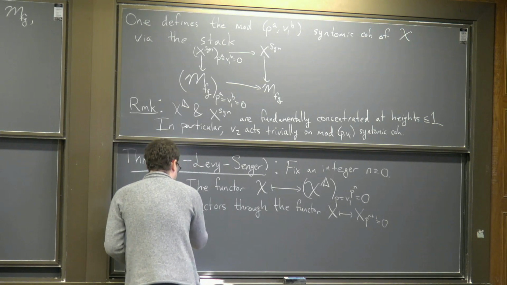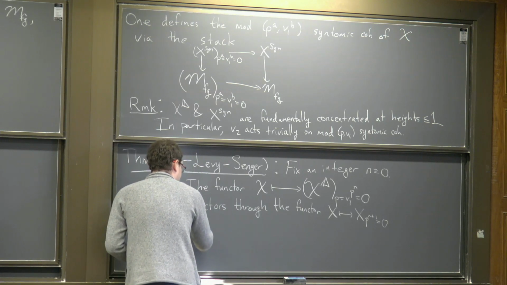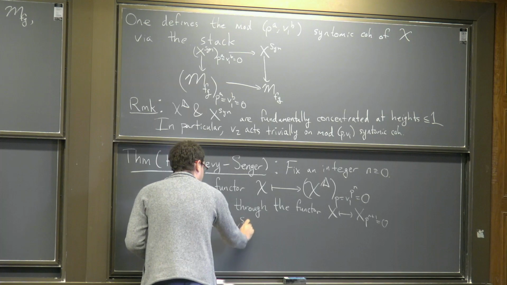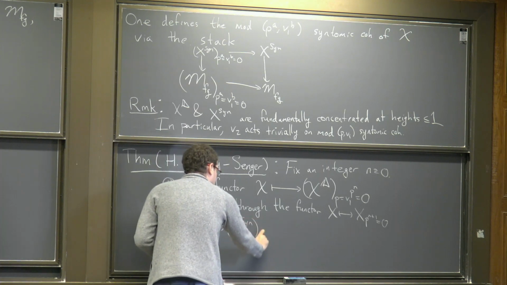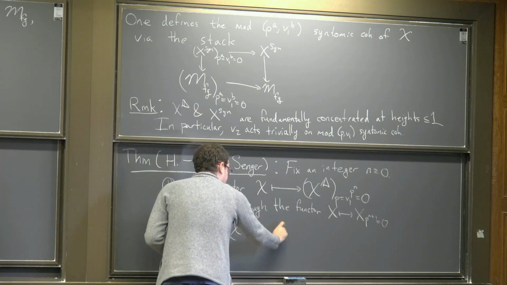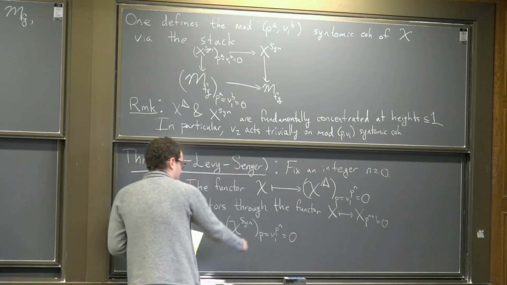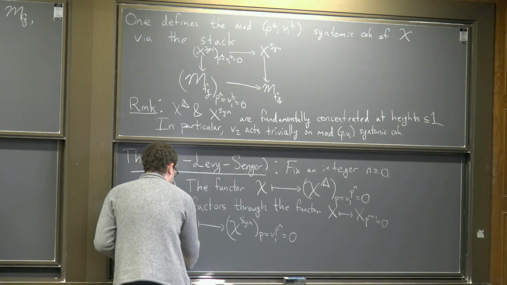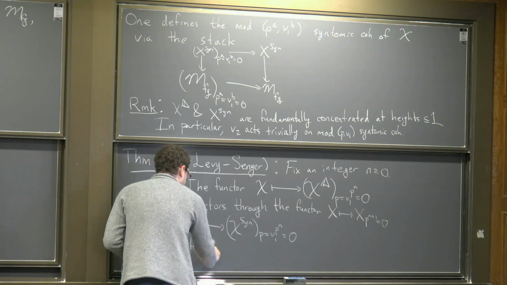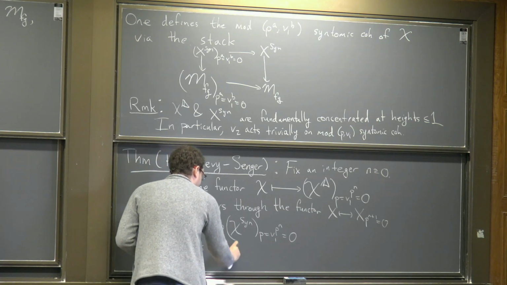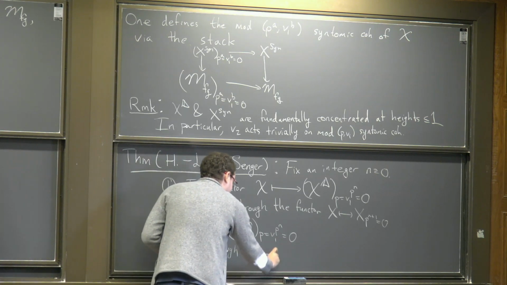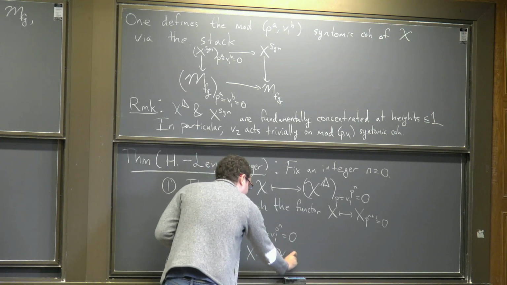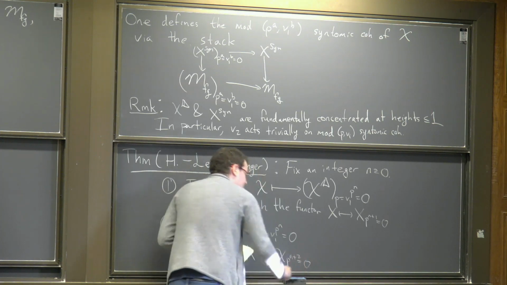And the other statement is that something similar happens with syntomic cohomology, where if I want to study mod p, v1 to the p to the n syntomic cohomology, that factors through X mapping to X mod p to the n plus 2 equals 0.